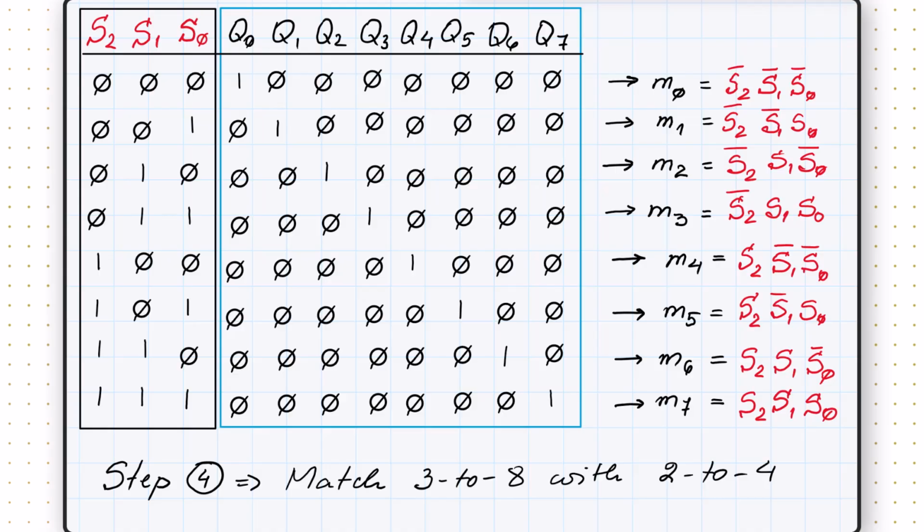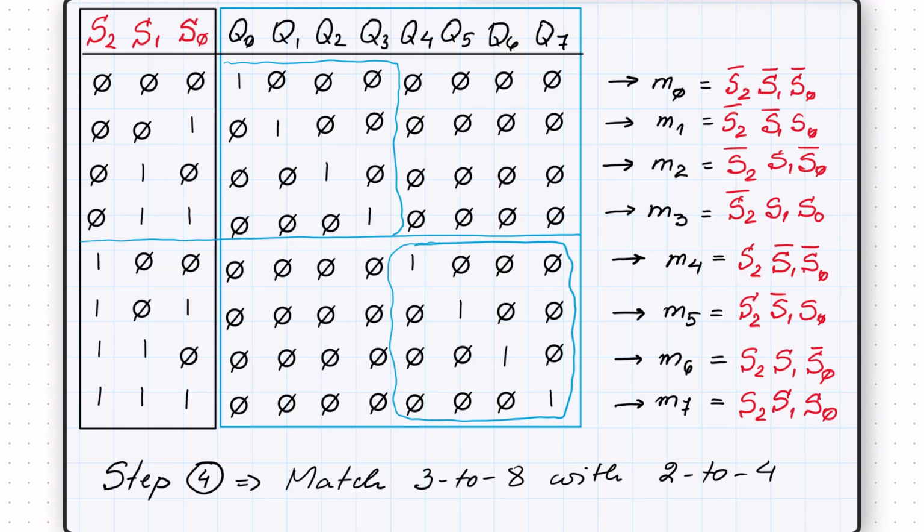If we divide this table into 2, we will be able to figure out that there is one complete table in here which defines a 2 to 4 decoder, and there is another table in here which also defines a 2 to 4 decoder. So all we have to figure out is how to tie up S2 with those 2 to 4 decoders.